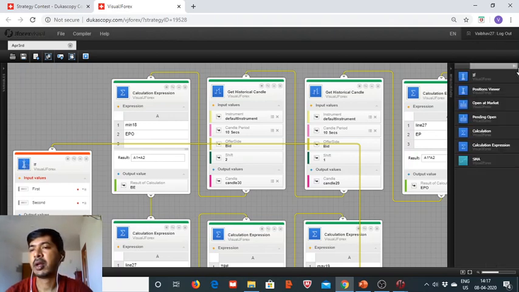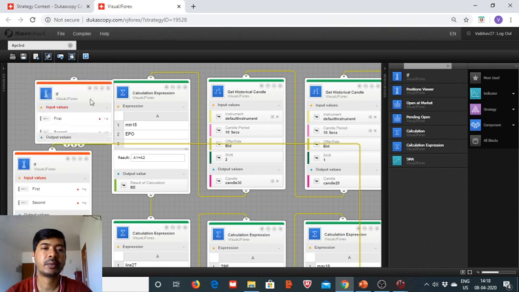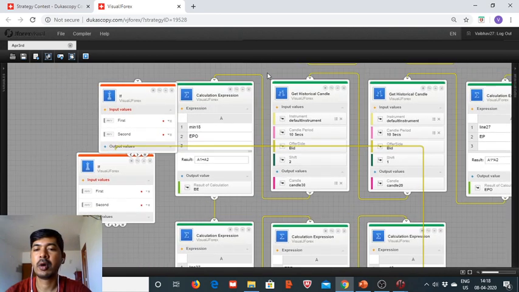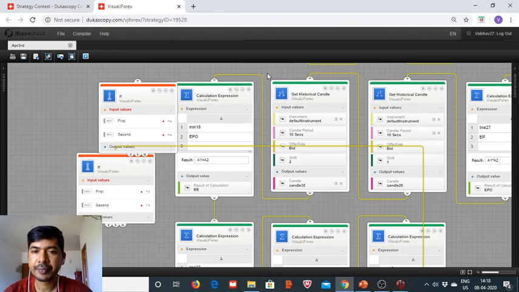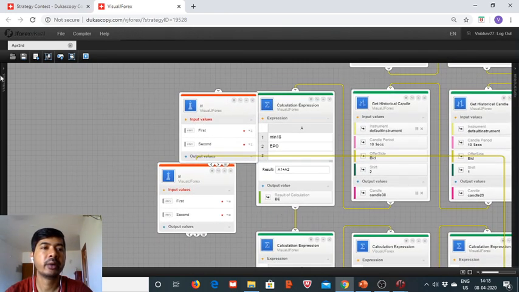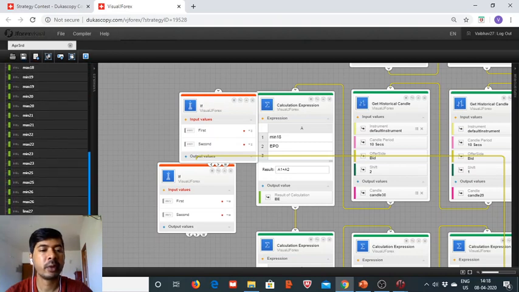So we bring in another A block here. First we will check for candle 30's close. It should have been higher than the sale execution price. So we got candle 30.